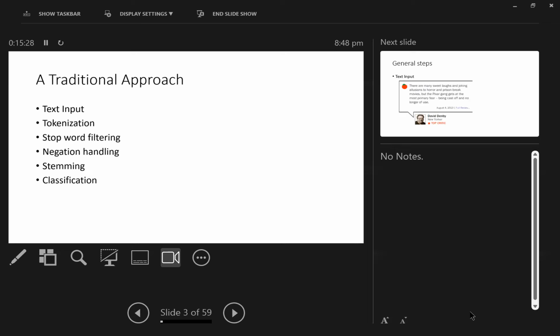Basically, I'm going to first introduce some traditional approach. And as a matter of fact, sometimes we find that this approach is even better than the one that generally uses machine learning.